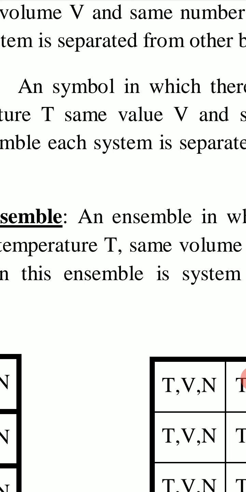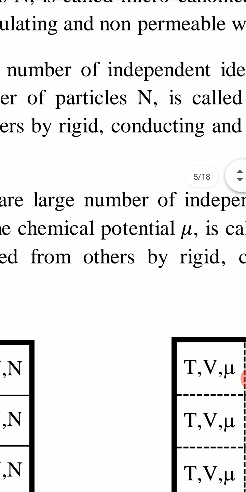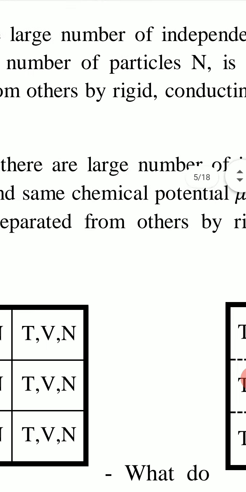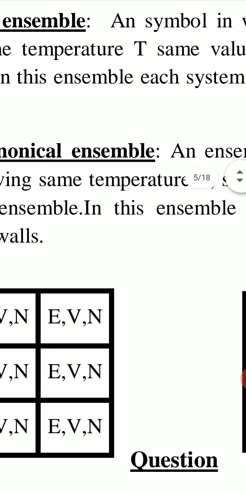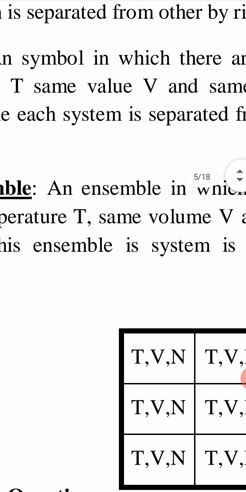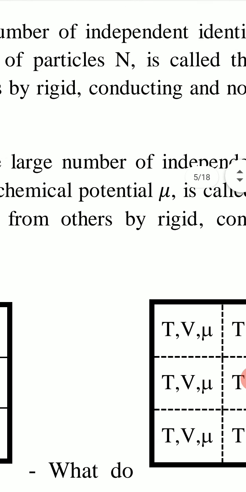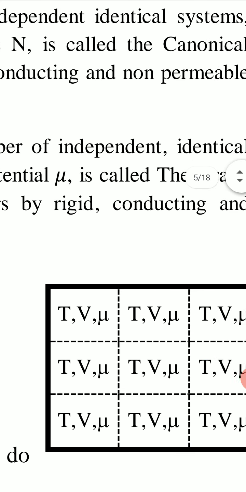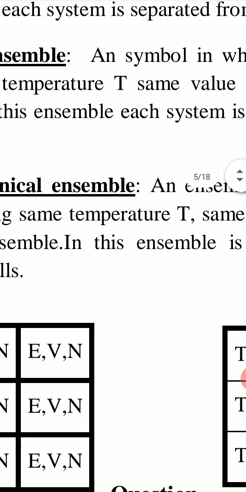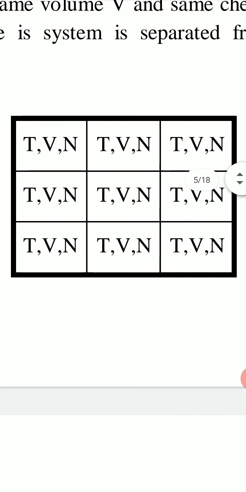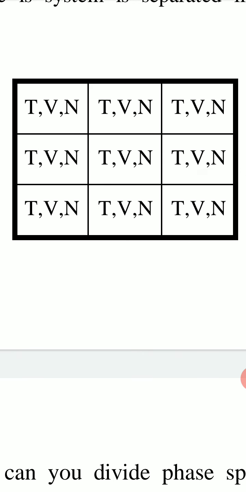So an ensemble in which there are a large number of independent identical systems having the same temperature T, same volume V, and same number of particles capital N is called the canonical ensemble. This is shown in this figure. The canonical ensemble is a group of a large number of identical systems having T, V, and N the same: the same temperature T, same volume V, same number of particles capital N.